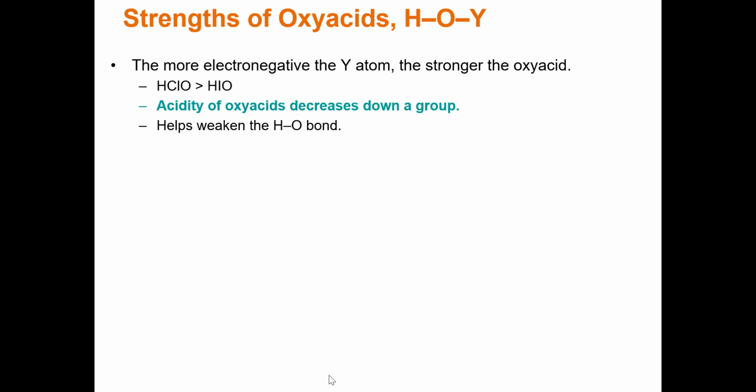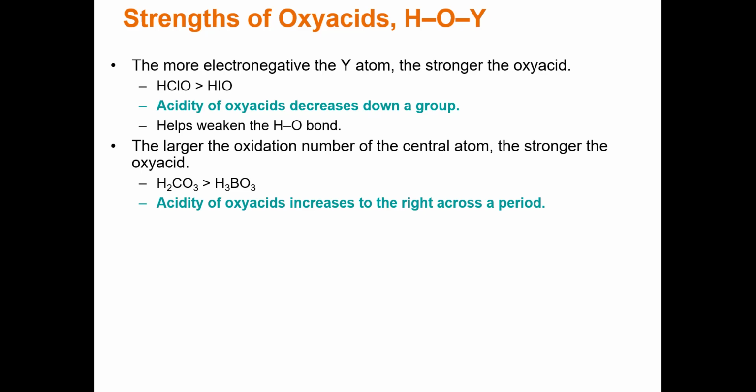And the reason for this is that we're weakening the bond between the hydrogen and the oxygen, and that's the bond we need to weaken in order for the hydrogen, the proton, to be donated. So we're weakening that bond by having something else in the molecule, whatever the Y is, that wants to have those electrons. So if you want electrons somewhere else, it makes it easier to take away the proton.